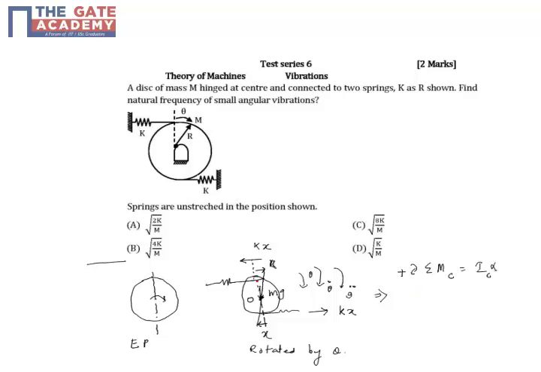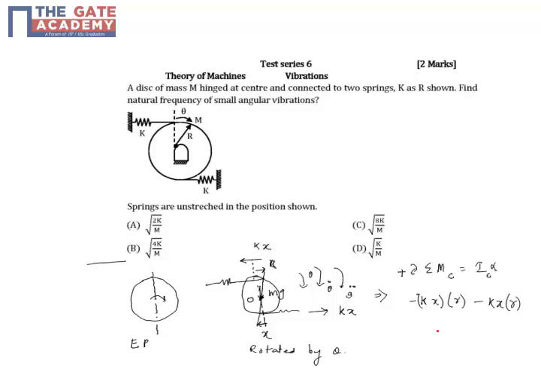So kx is towards the left side, so kx produces an anti-clockwise moment, which is force into radius, the moment arm is the radius, so kx into r is the anti-clockwise moment produced by the left spring. Now the right spring also produces an anti-clockwise moment, the kx is like this, so it tries to move anti-clockwise about C, so kx into r.